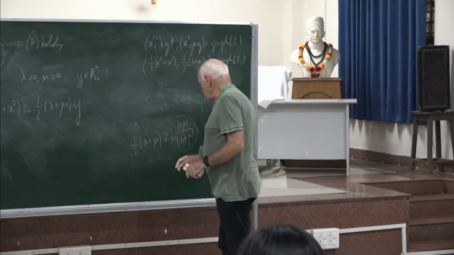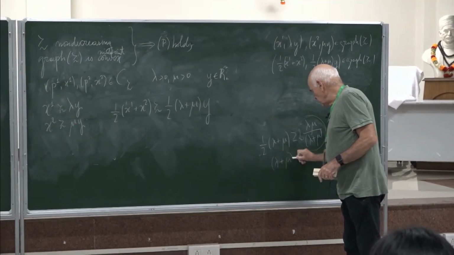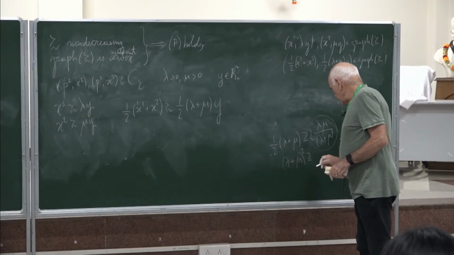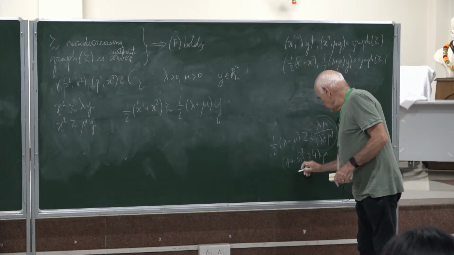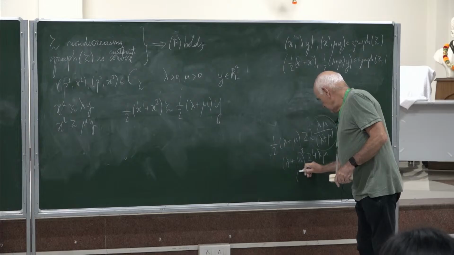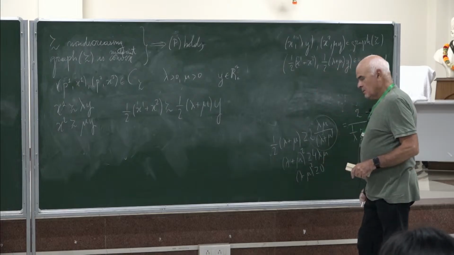So here this condition is equivalent to (lambda plus mu) squared greater than or equal to 4 lambda mu, which simply means that (lambda minus mu) squared is not negative, okay, which is true.